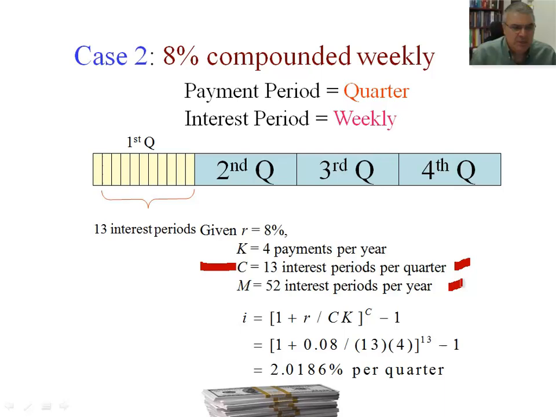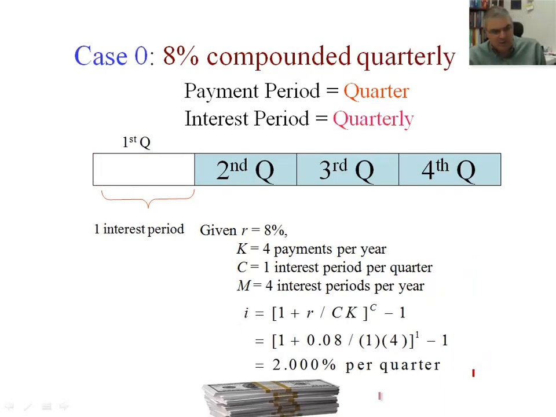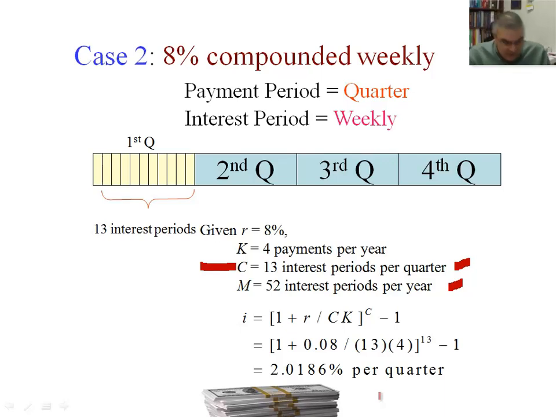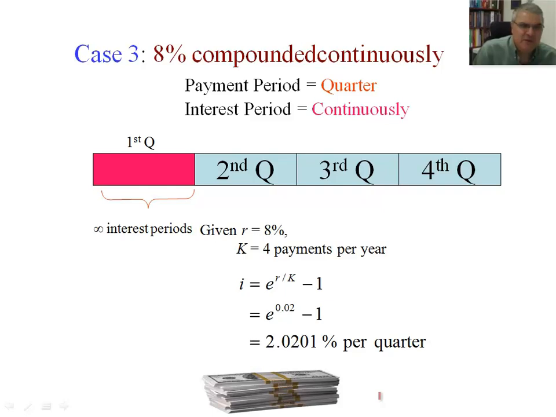And as such, when you do the calculations, it turns out to be a little bit more. So case 0, 2%, case 1, 2.013%, and case 2, 2.0186%.